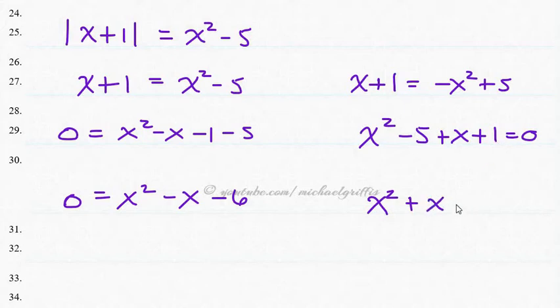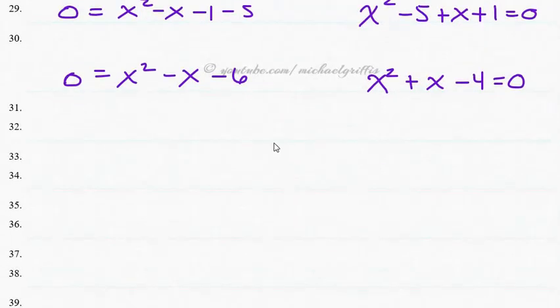Negative 5 plus 1 is negative 4. Now if we can factor these, that'll be nice. 2 and 3, that looks like we should be able to factor that.